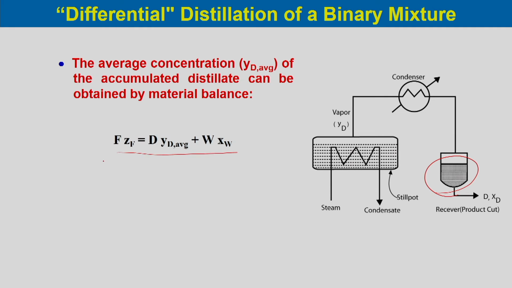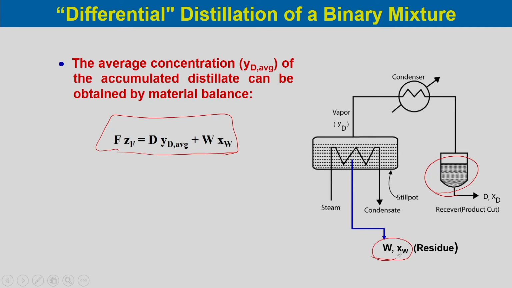This is the component balance equation, and this is the residue, W XW, and feed is known. And this is the total material balance equation: F is equal to D plus W.